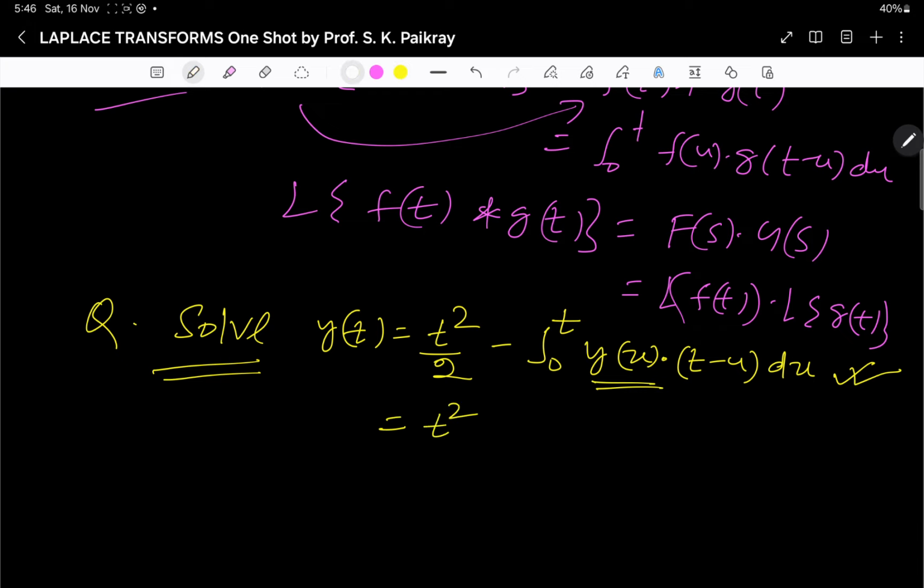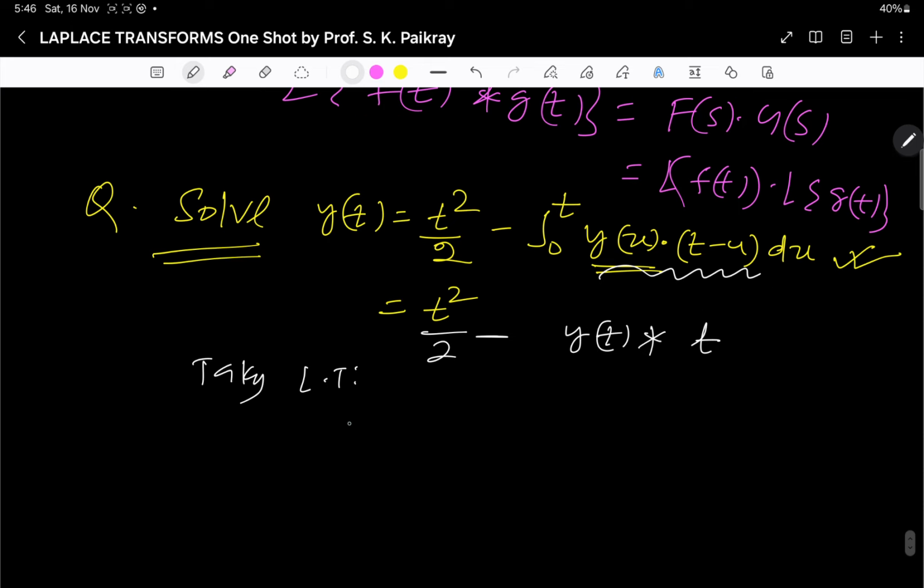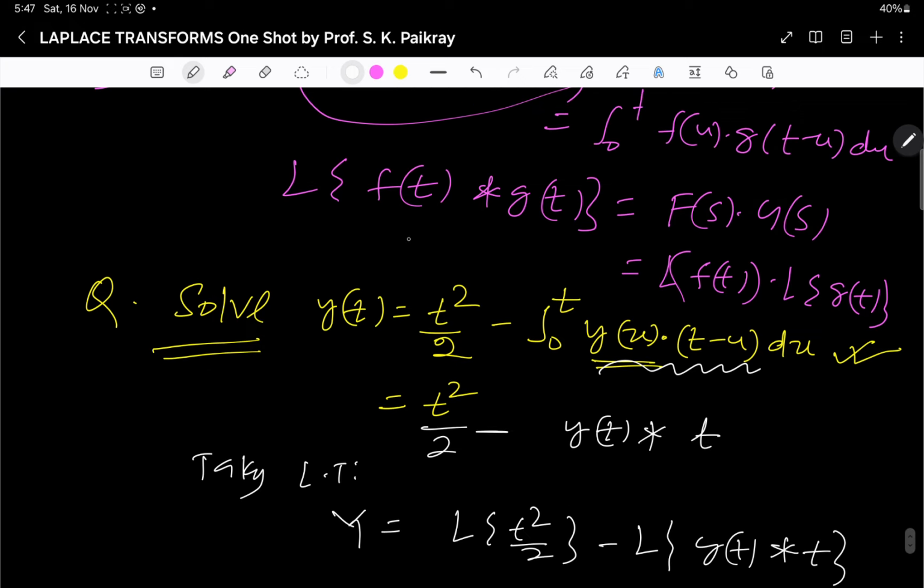It is t square by 2 minus, and this you express in terms of convolution, y(t) convolution t, is it not? So now taking the Laplace transform to both sides, Y will be equal to L of t square by 2 minus L of y(t) convolution t. You already know L of this is individually L of this into L of this.